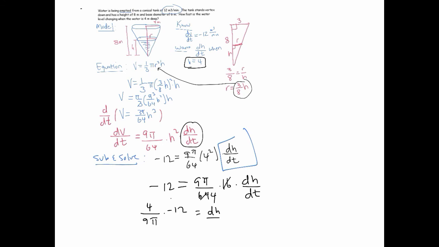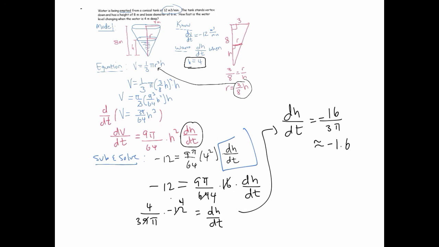That's dH/dt, which means it's negative 16 over 3 pi. And if you put that in your calculator, it's about equal to negative 1.697.